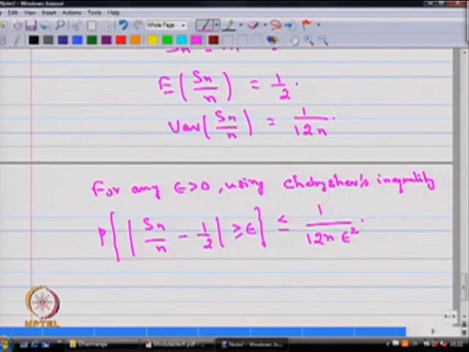I am using the Chebyshev inequality, knowing the mean of S_n by n is 1 by 2 and the variance is 1 divided by 12n.